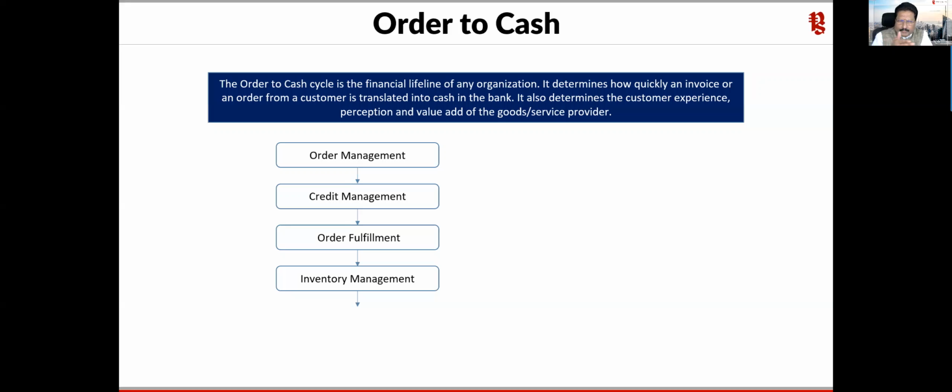Based on multiple criteria like the lead time and various other criteria, you can set the reorder level for each item.